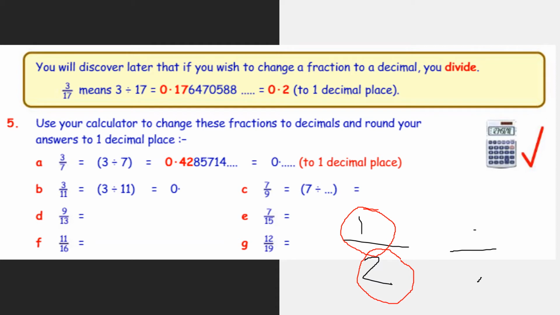We ignore the 8 and we just go to the 2. We stick with the 2. Even if we rounded to the 8, that would be 0.43, but even then, because we're rounding to the 4, 0.4 is the answer. Okay?